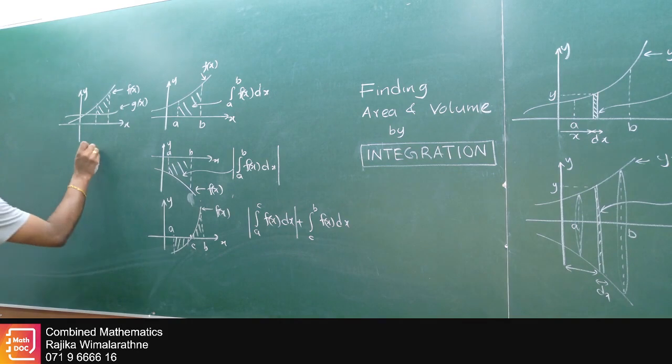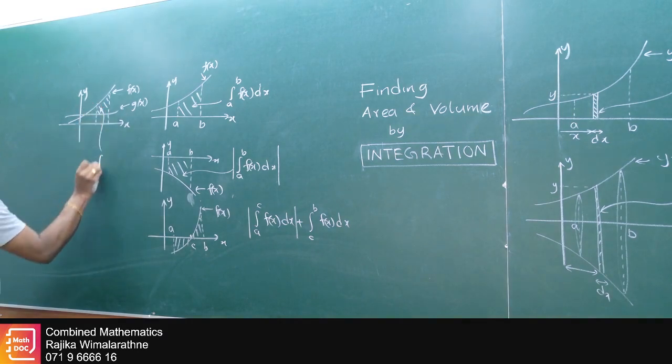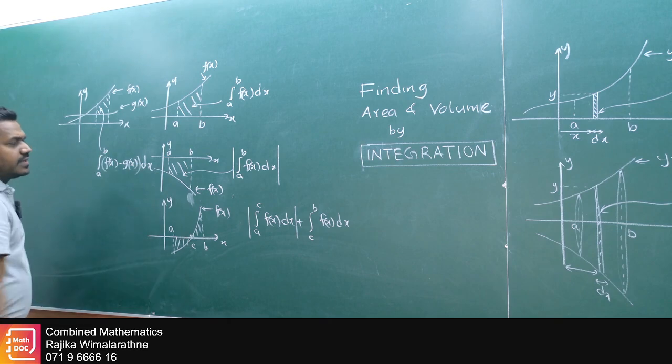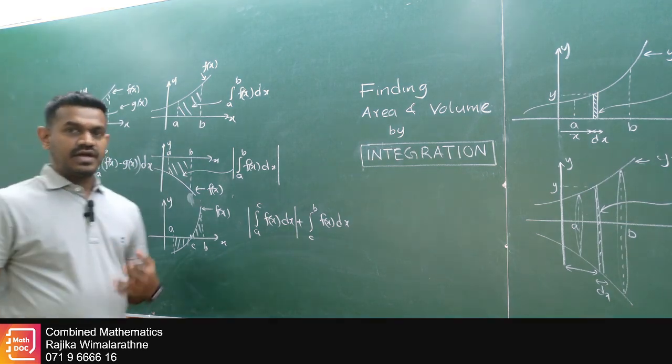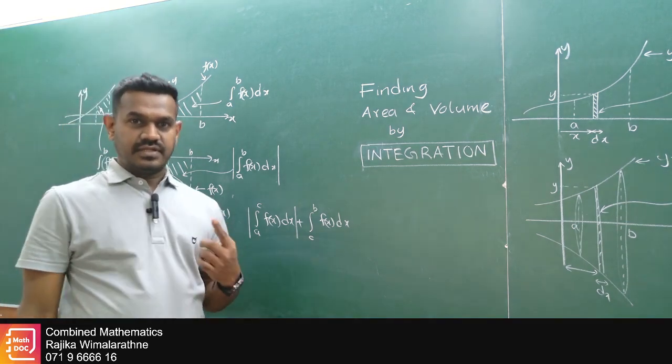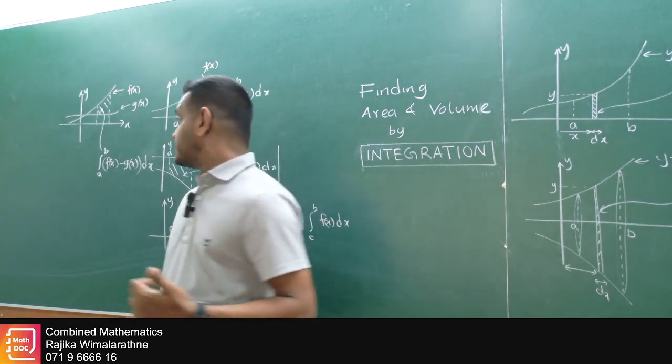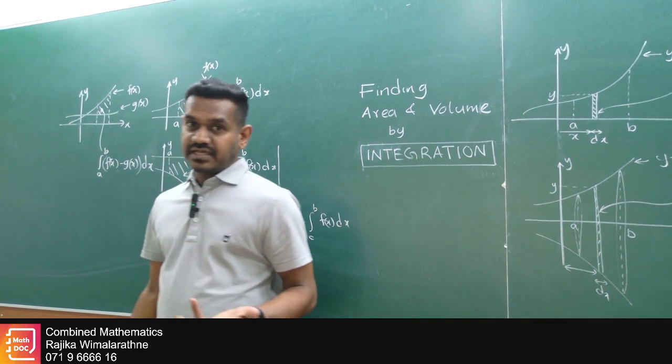You do it at once: the integral from A to B of f(x) minus g(x) dx. But if you don't know which one is bigger, then you can take the modulus sign. If we know the graph, then we can select that one.